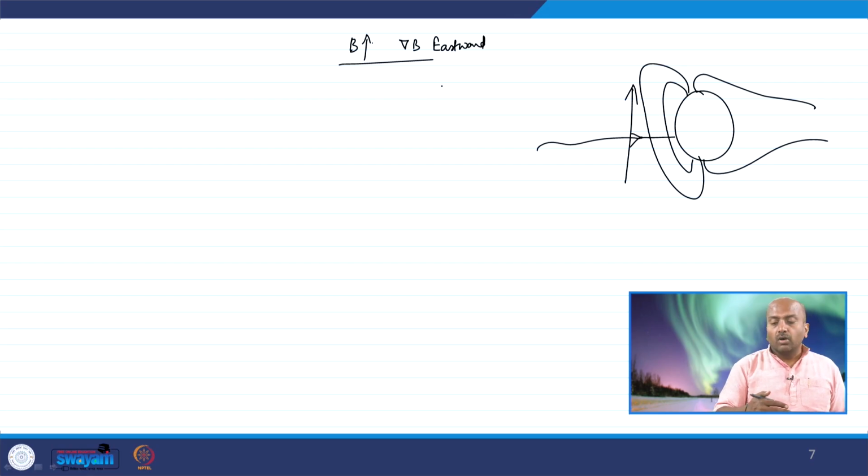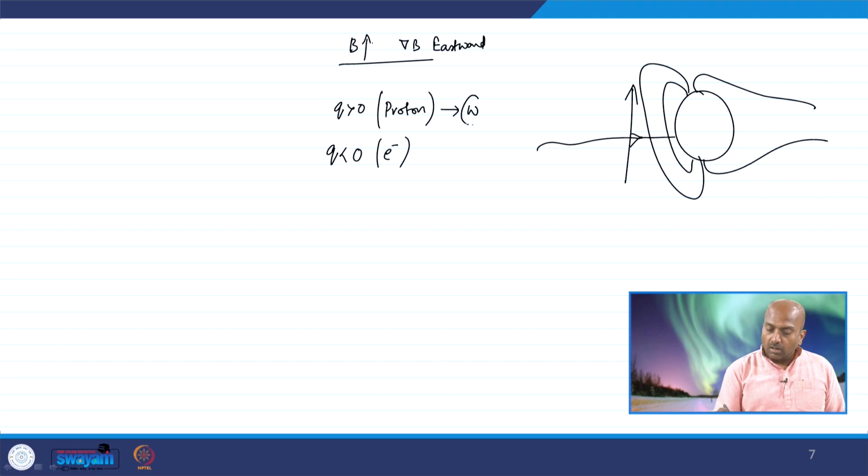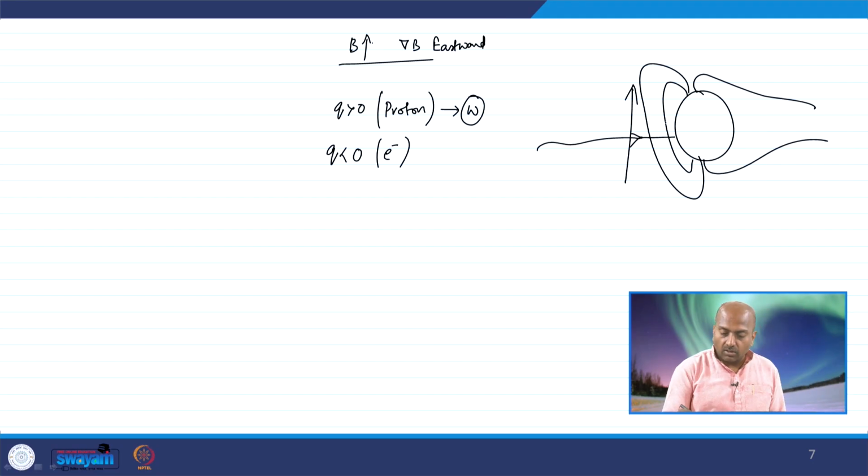If you think about how these two perpendicular components decide the direction of the particle's movement, we can apply a simple law: particles with a positive charge, q greater than 0, which are basically the protons, will follow one direction, and exactly opposite to that, particles with a negative charge will move. Protons will drift westwards, as Earth is rotating from west to east in this direction.